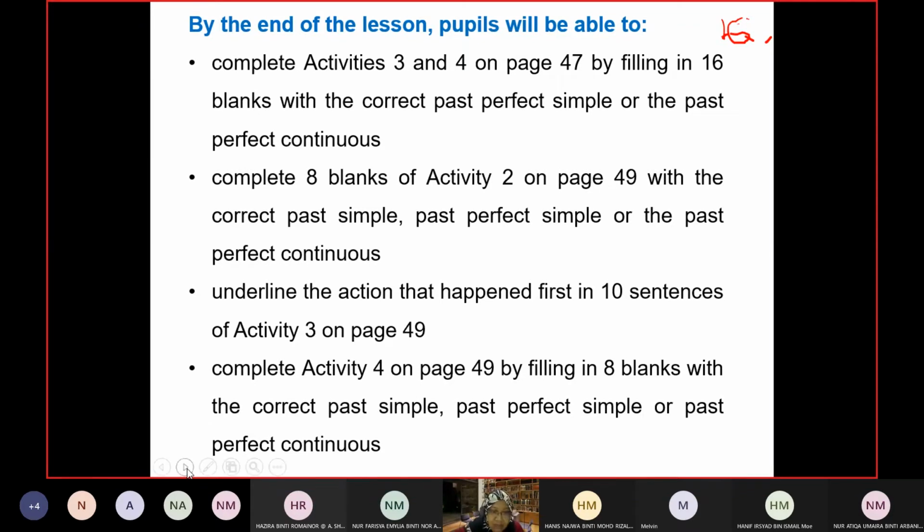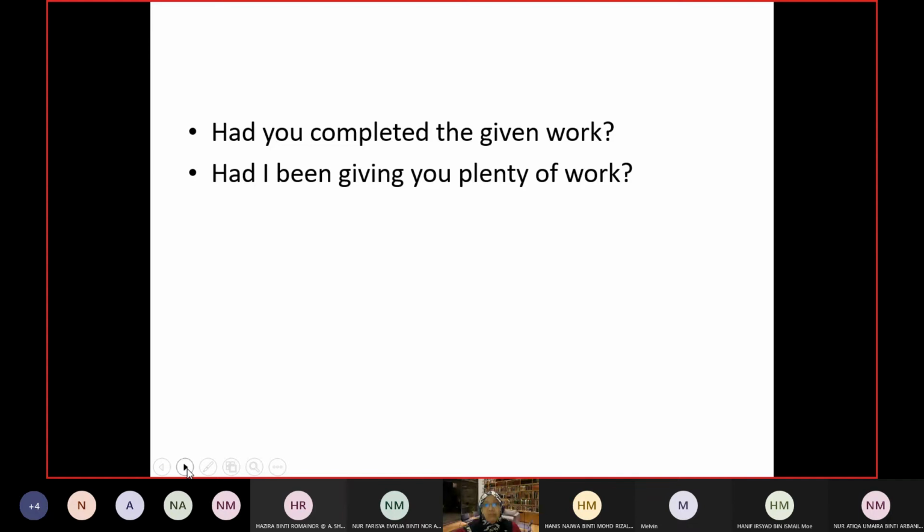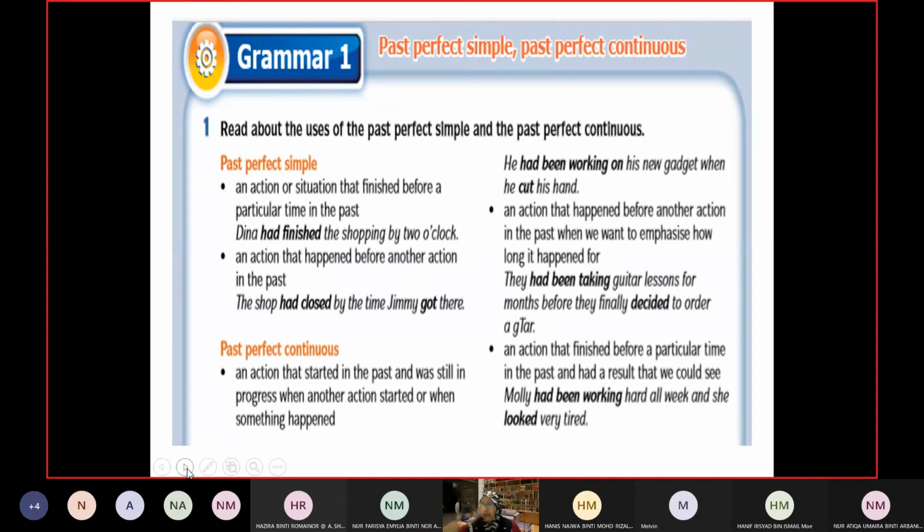Alright, next slide is, okay, you may refer to your textbook as well. This one, page 47. Alright, this one is the same thing like I explained just now.